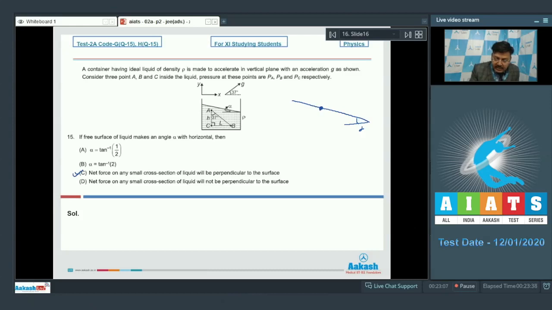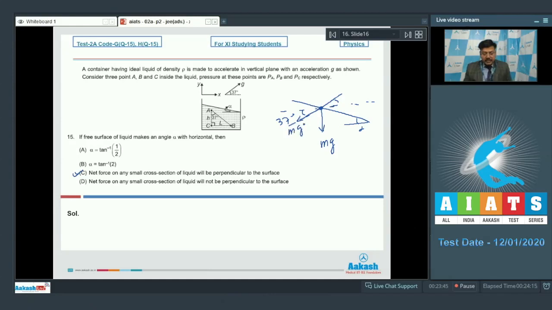If I consider this particle of mass m, then one force is mg acting on it, and the other force is this pseudo force. If I again draw the horizontal line, with the horizontal line this angle is 37 degrees.